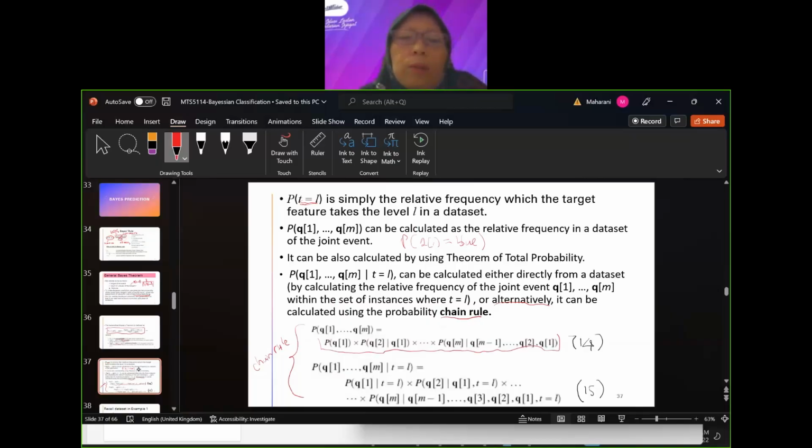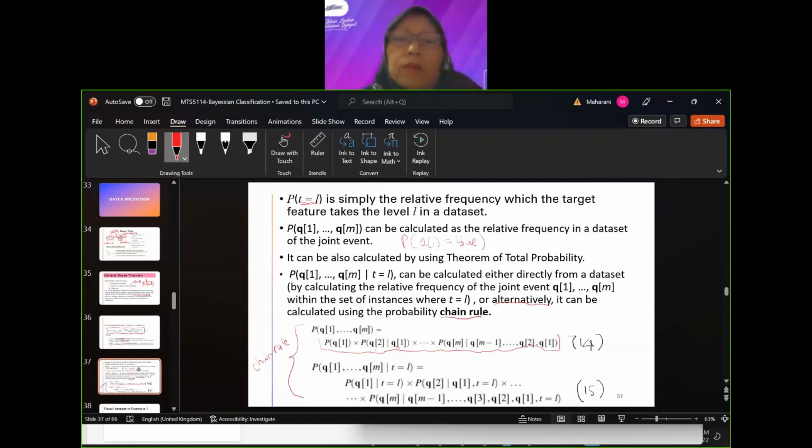The probability of Q1 happening, multiplied by the probability of Q2 given Q1, meaning feature Q2 with condition Q1, and then multiplied by and so on until Qm: the probability of Qm with condition Qm minus 1, Qm minus 2, until Q1. That's the definition of this.